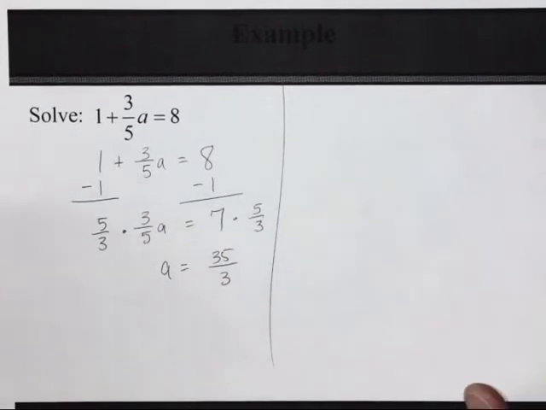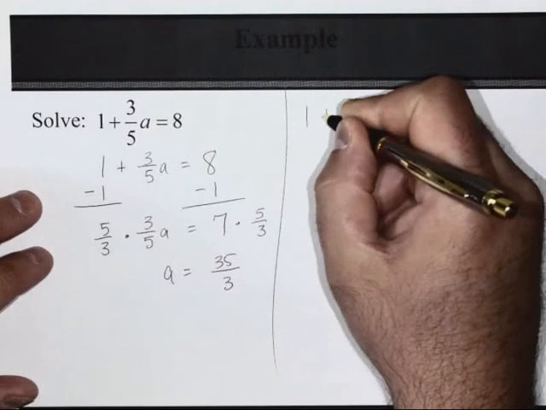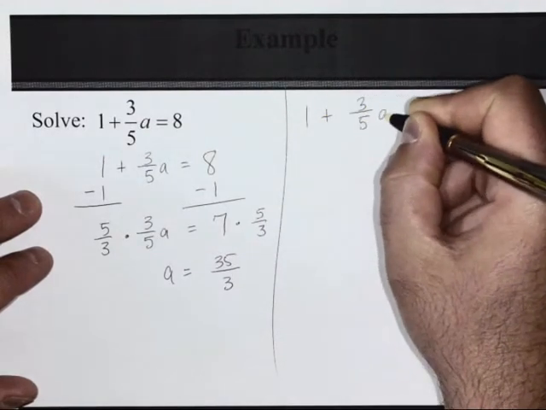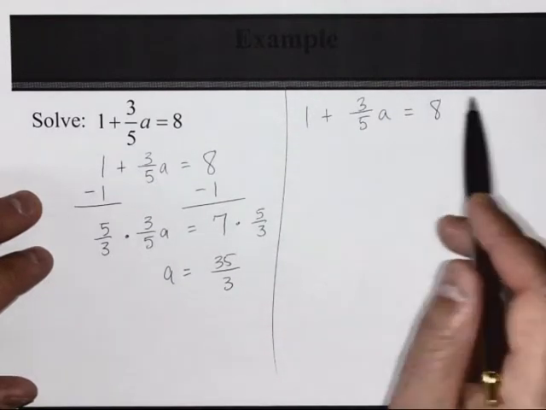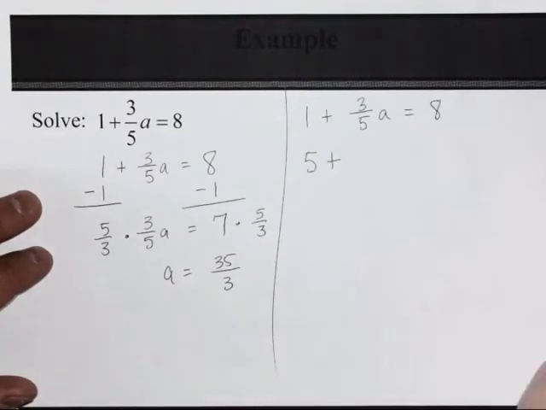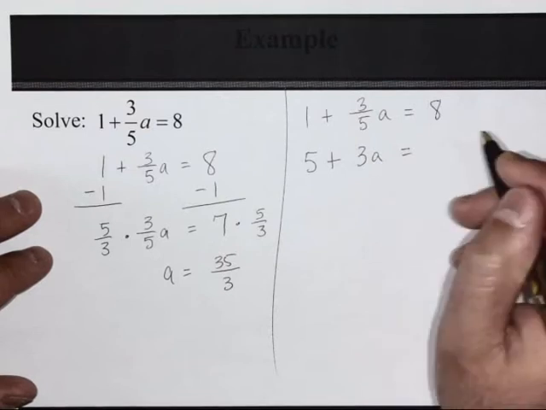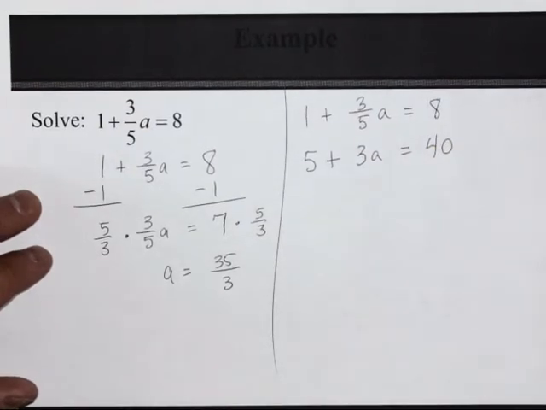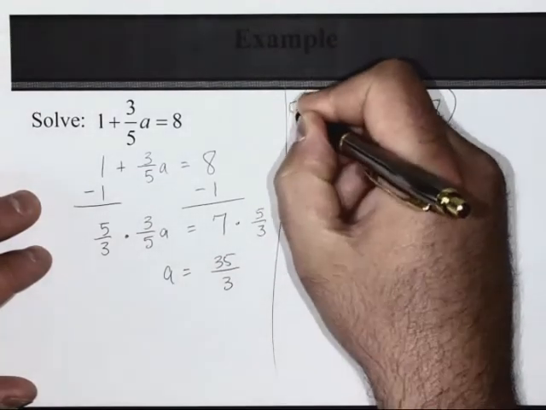Alright, here's another way to solve the problem. Since this has a fraction with a denominator of 5, I could multiply every part of this equation by 5. That keeps the equation balanced. It also gets rid of this fraction because 3/5 times 5 is going to give me 3. Notice I multiply all parts by 5, so I essentially distributed 5 through.